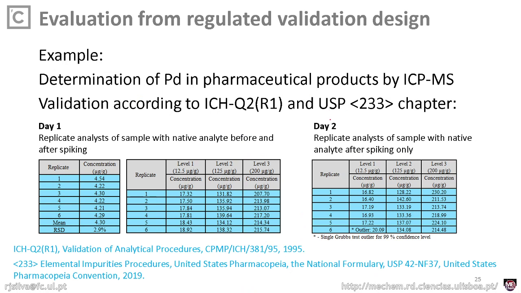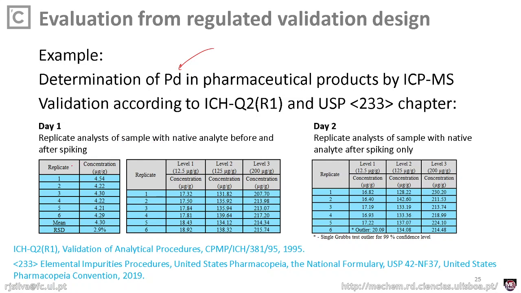Determination of palladium in pharmaceutical products by ICP-MS, because palladium is used as a catalyst for the production of some active substances. So we can have that in the medicine. If we validate this determination by ICP-MS using ICH and USP guidelines, they suggest that for the validation you perform in one day the replicated analysis of a sample with typically native analyte before and after spiking.